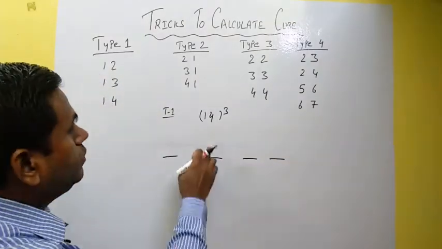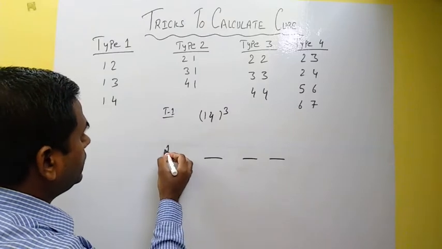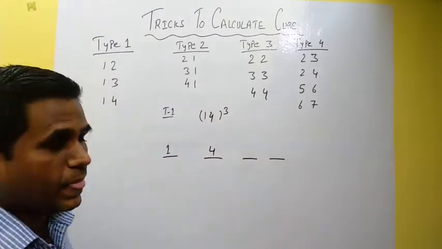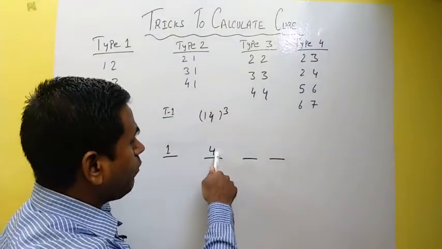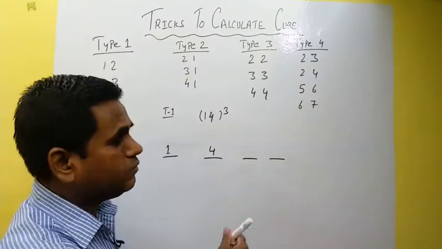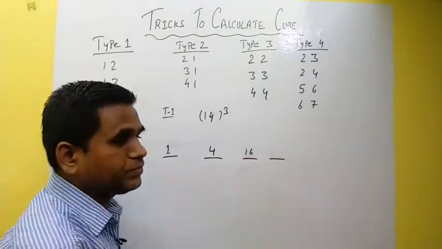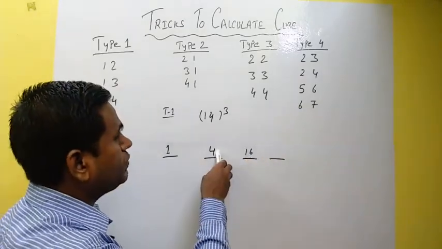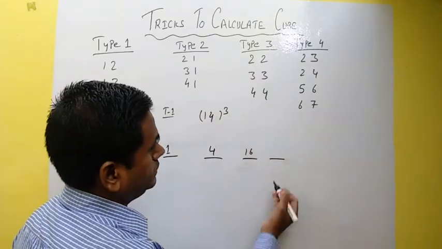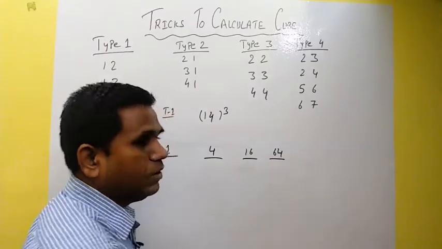For the first digit, I will write the first number, second digit, I will write the second number, 4. For the third digit, I have to do square of 4. So square of 4 is 16, and for the last digit, you have to do cube of 4. So cube of 4 is 64.